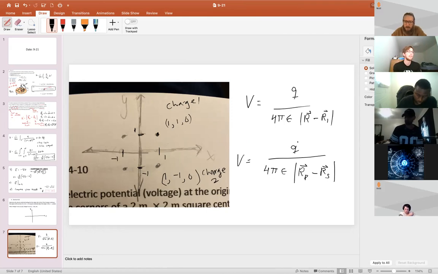So in order to get this voltage, we can write RP, a vector from the origin to the point that we're interested in. What would that be in this case? The observation point, I think, was at the center, right?